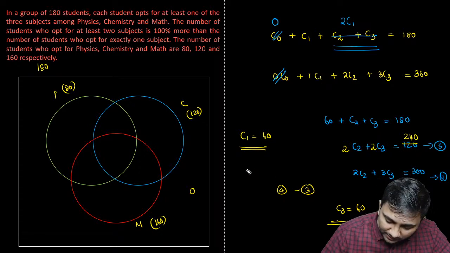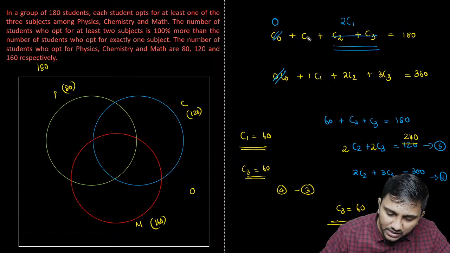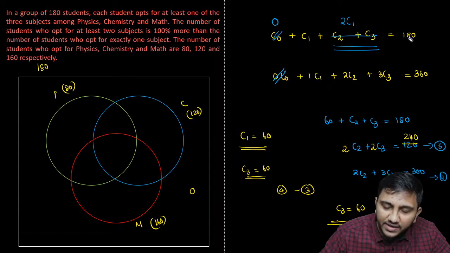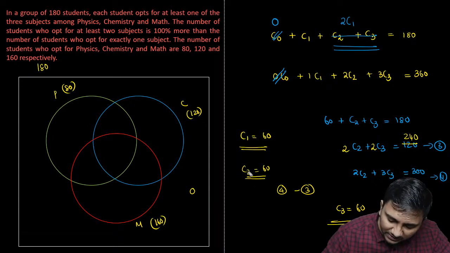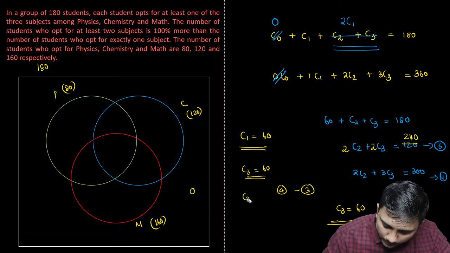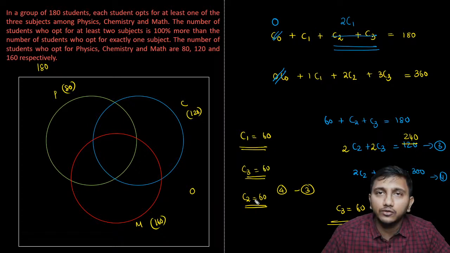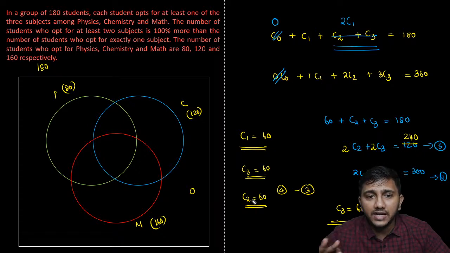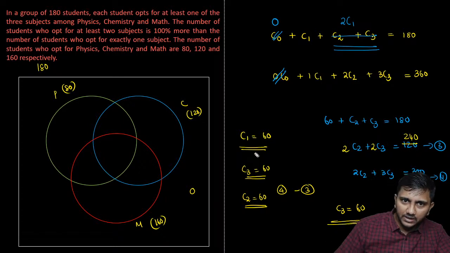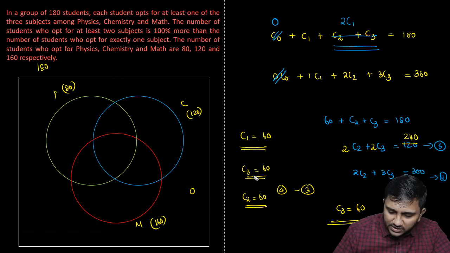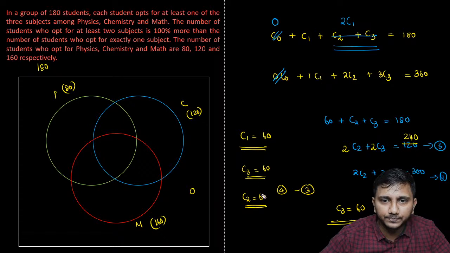So C1 is 60, C3 is also 60. If you look at the equation C1 plus C2 plus C3 is 180, we can find that C2 is also 60. So C1 is 60, C2 is 60, C3 is also 60. Please type 3 if you're clear with how we got these three, C1 60, C3 60 and C2 60.